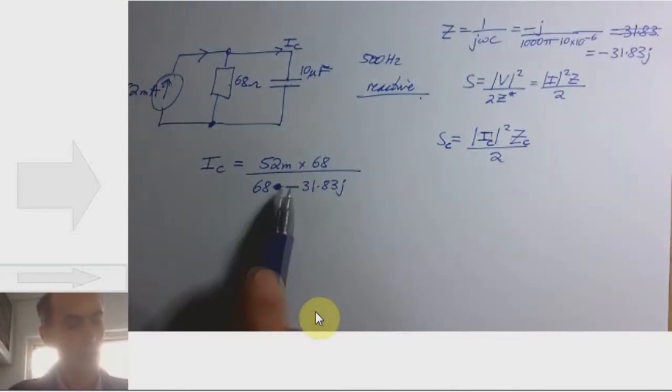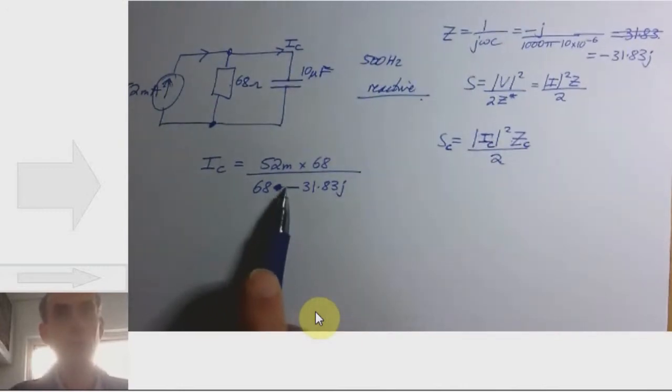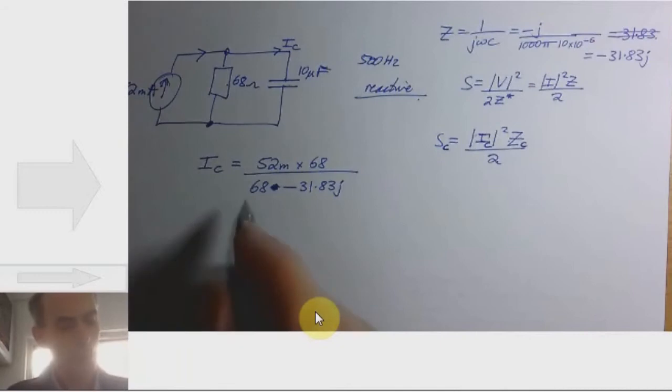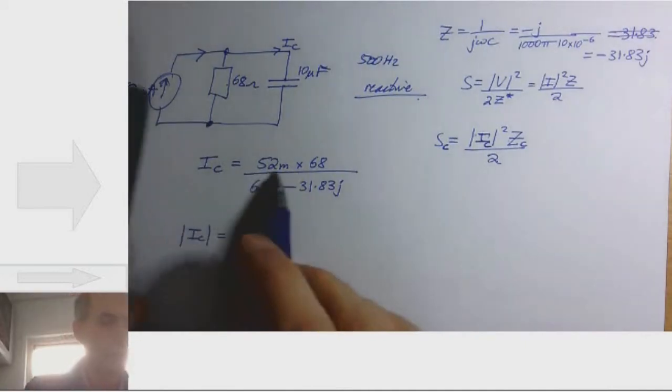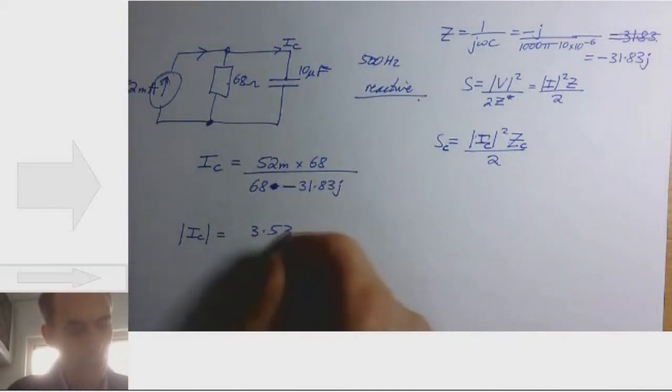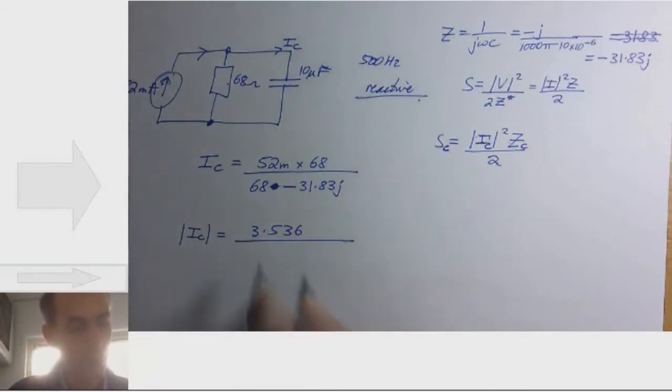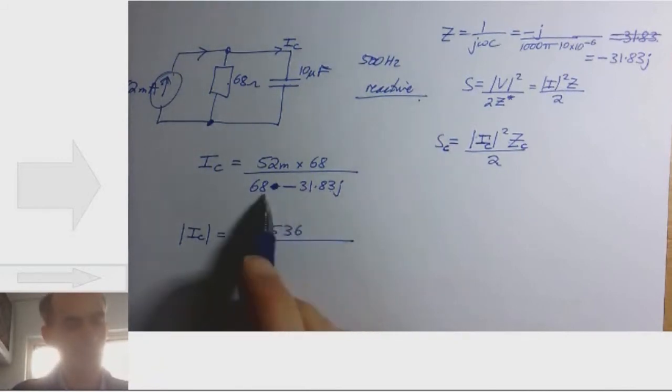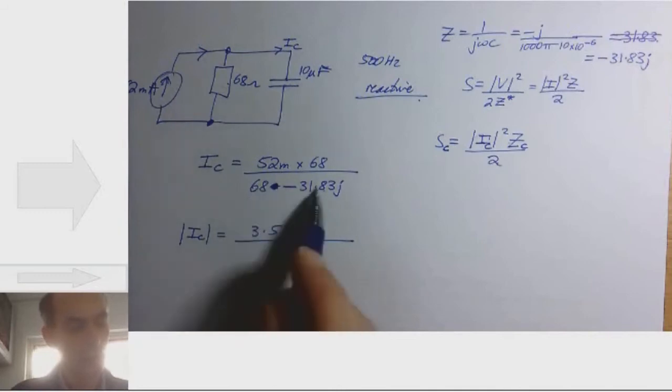What is then the magnitude of this current here? Well, the magnitude of the current will just be the magnitude of 52 milli times 68, 3.536, divided by the magnitude of the denominator here.